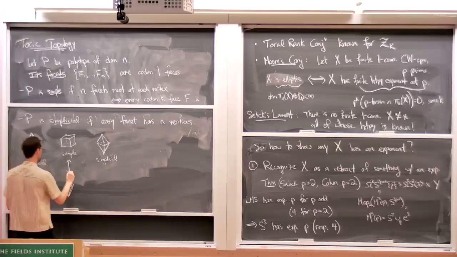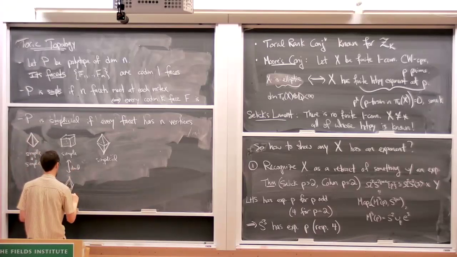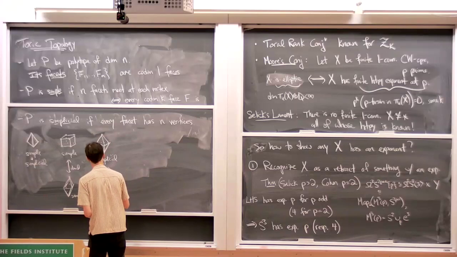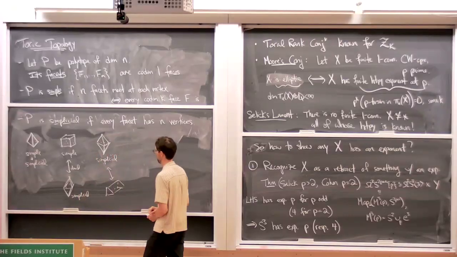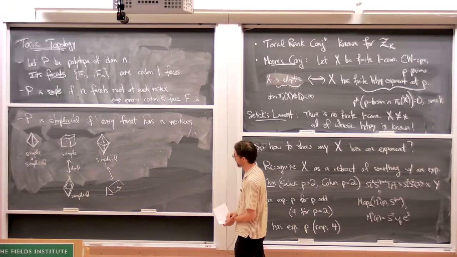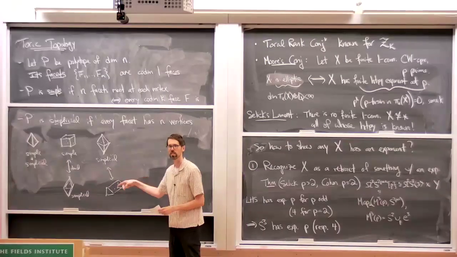So that's simplicial, but not simple. And the dual of this simplicial one is like a prism, which you can check is, yeah, simple, but not simplicial, right? Because it's got these square facets. Okay.